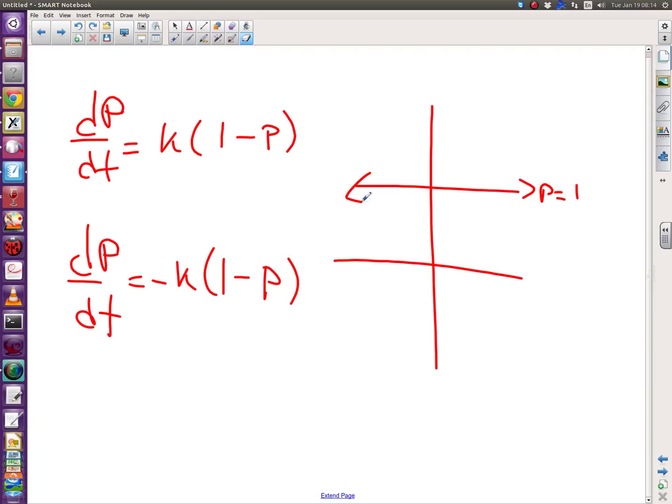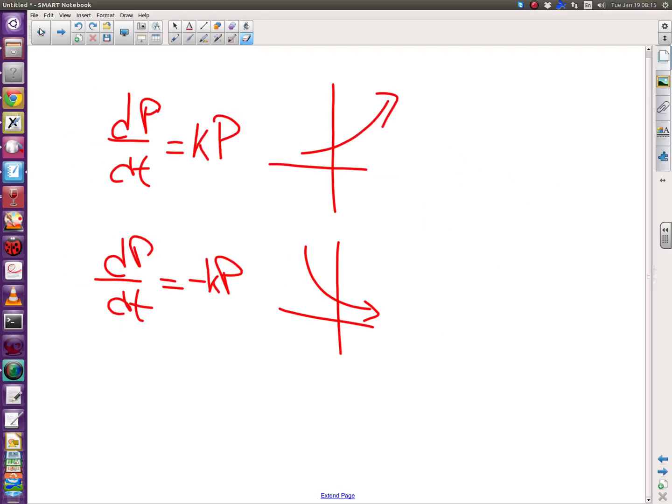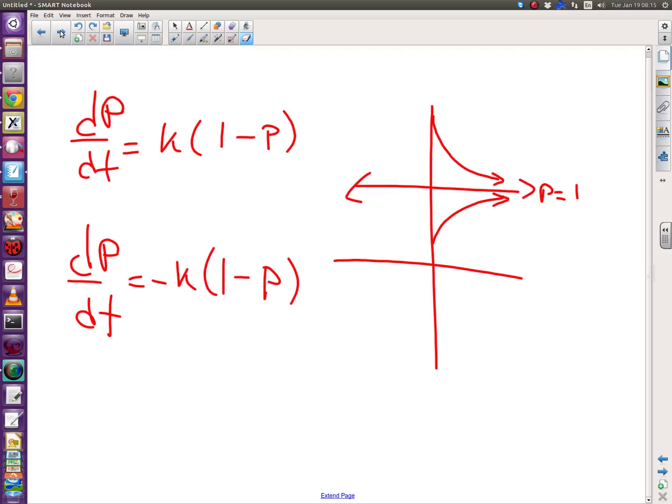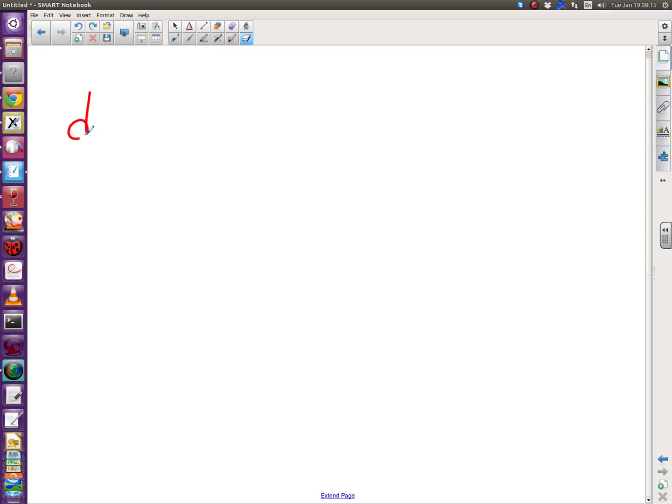Plug in 0.9, this is smaller. What if you start with P greater than 1, say 2? It's going to look like this. This is called exponential approach, not exponential decay, because it's not going to 0. It's sort of decaying, but it's decaying to something other than 0, so we give it a different name. So you have exponential growth, you have exponential approach, and you have logistic growth.